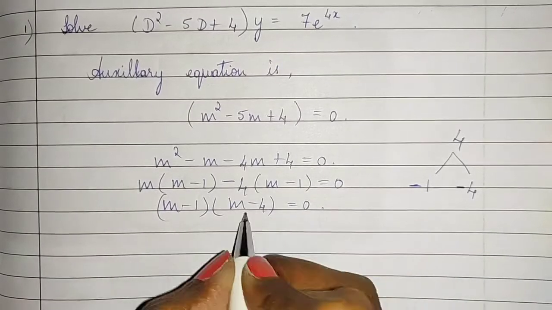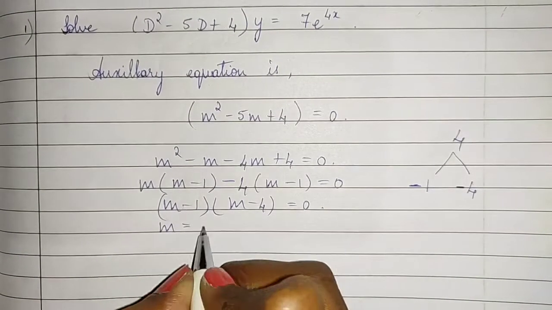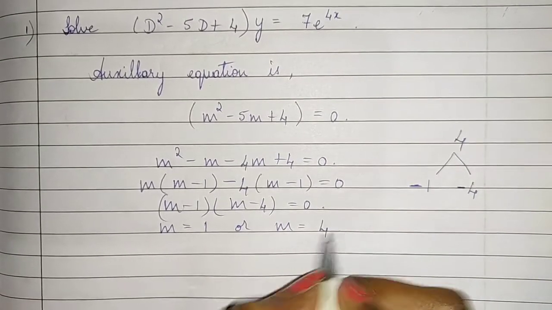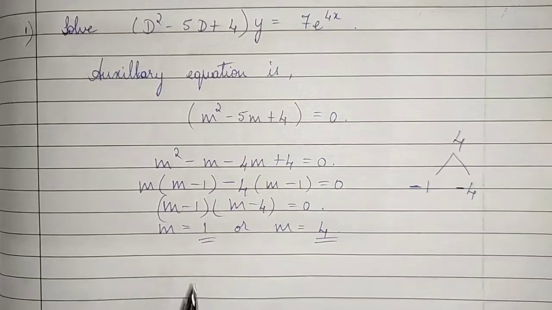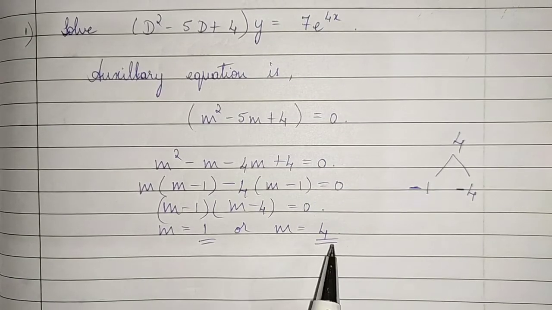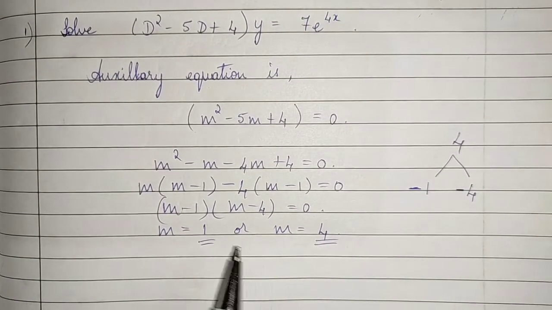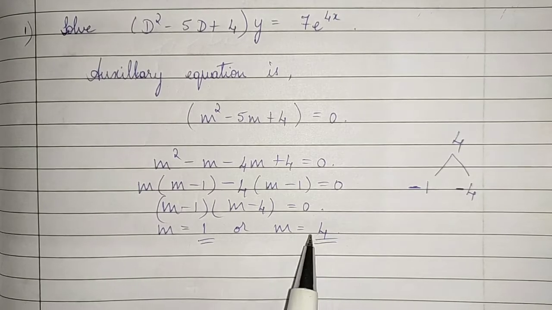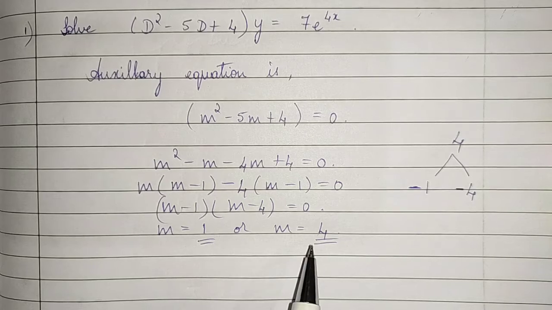Equating each to 0, we get m is equal to 1 or m is equal to 4. So the roots are real and distinct.